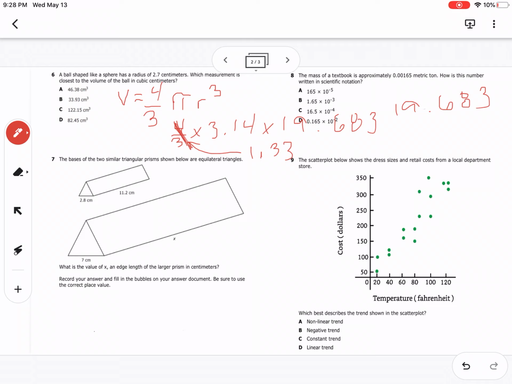And that gives us 82.4 or something along those lines. Whenever we multiply all those together, 82.4 is our answer. So which of our answer choices is the closest to that? A, no. B, no. C, no. D is 82.45. So D is our answer.